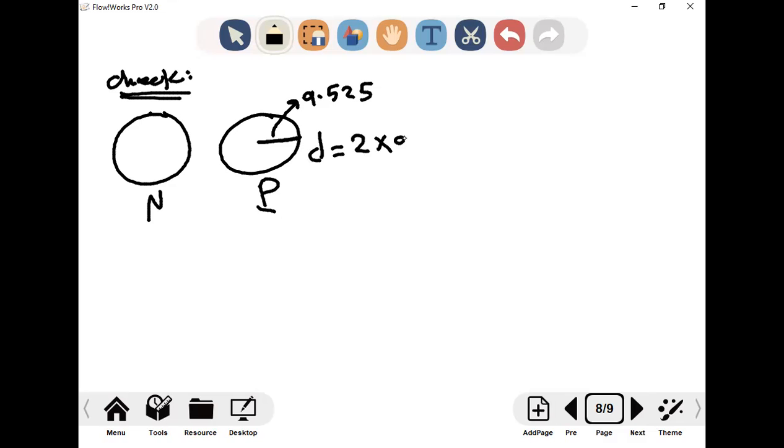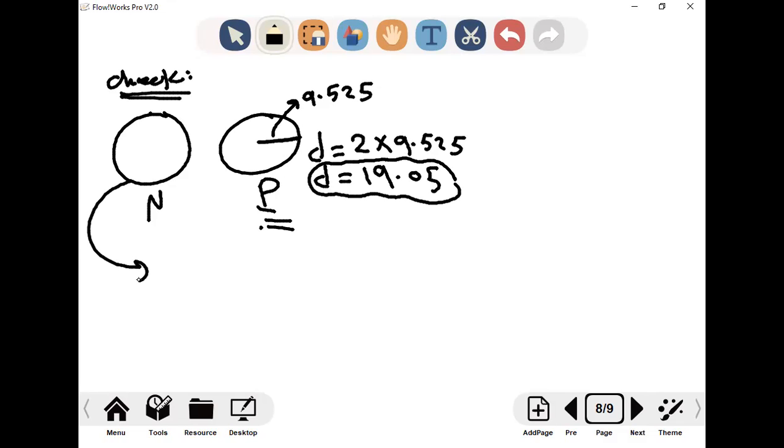2 multiplied by 9.525. How much, Yusuf? Are you sure? This is the diameter of what? Of the penny. Let's read the question again. The question said a nickel has a diameter that is 2.16 longer than the diameter of the penny. So what's the diameter for the nickel now? 19.05 plus 2.16, longer by 2.16.